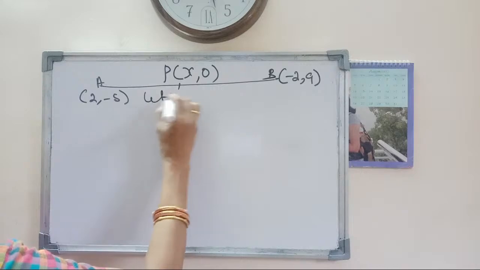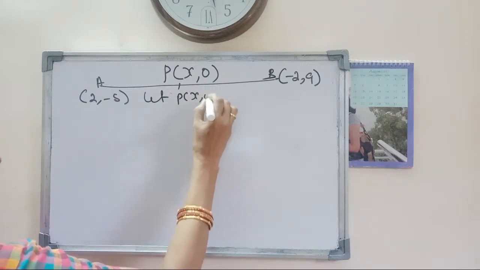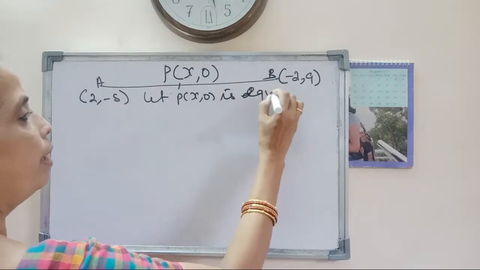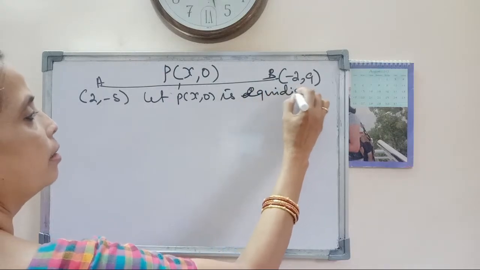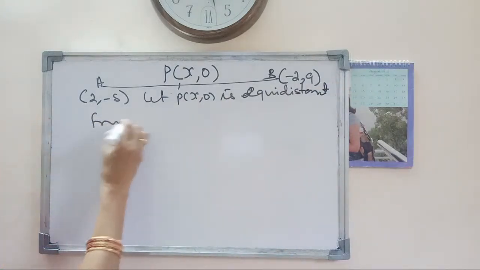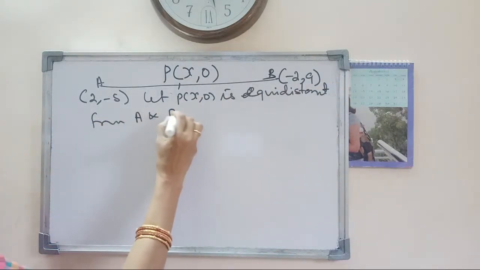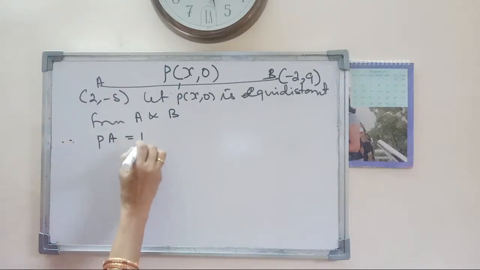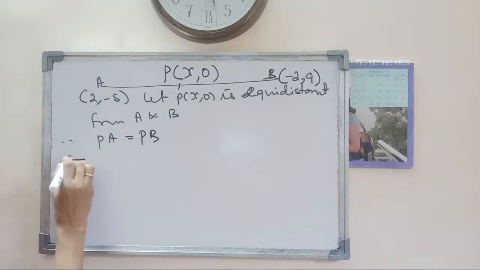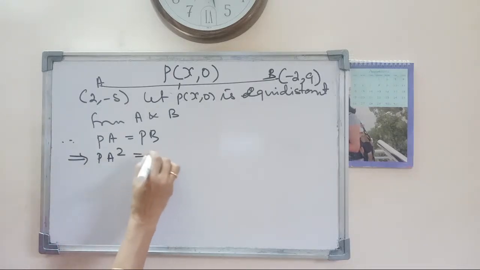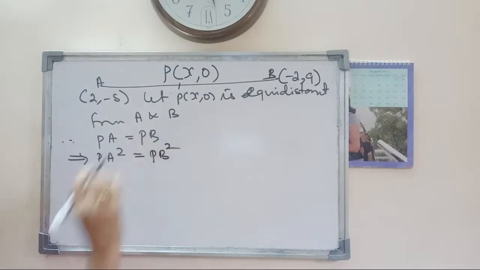Let P (x, 0) be equidistant from A and B. Therefore, PA equals PB, which implies PA square equals PB square.